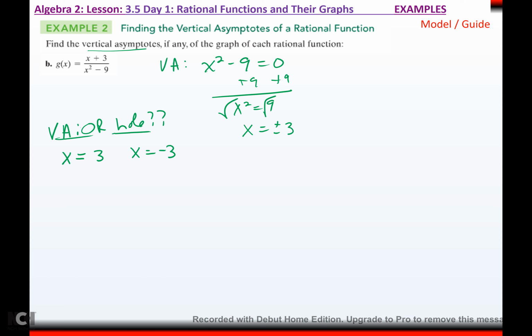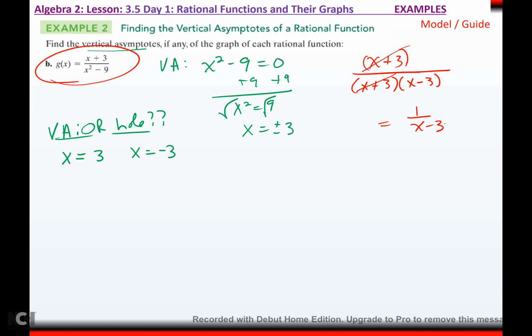How do we know? Well, I'm not supposed to show you this yet, but I'm going to because you know I like to cheat. If I simplify this, I can't factor the top, but I can factor the bottom. That's going to be x plus 3 times x minus 3. And you notice that the x plus 3's cancel, which would leave me 1 over x minus 3. What that means is, you see how the x plus 3 canceled out?